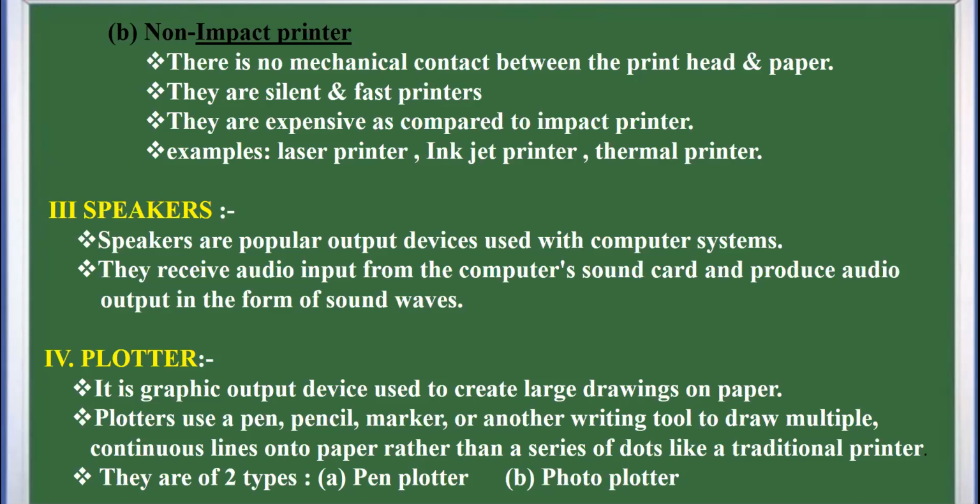So the main use of a plotter is to print large size drawings, right? And plotters use pen, pencil, marker, and any other possible drawing tool, right? There are two types of plotters, pen plotter and photo plotter.